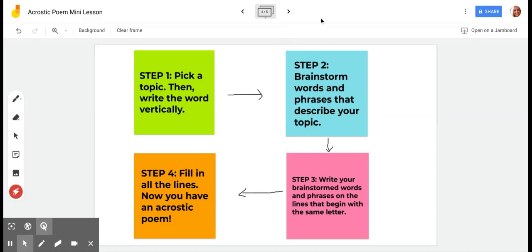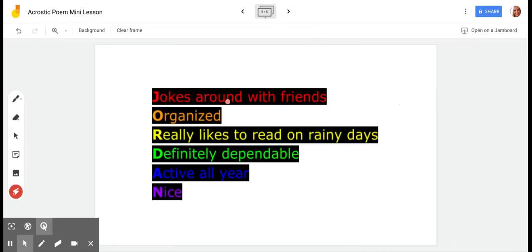So I'm going to show you a poem that I created using my first name, Jordan. First, I wrote or typed each letter for my name going from the top to bottom, Jordan. And then I thought about some words that would describe me.